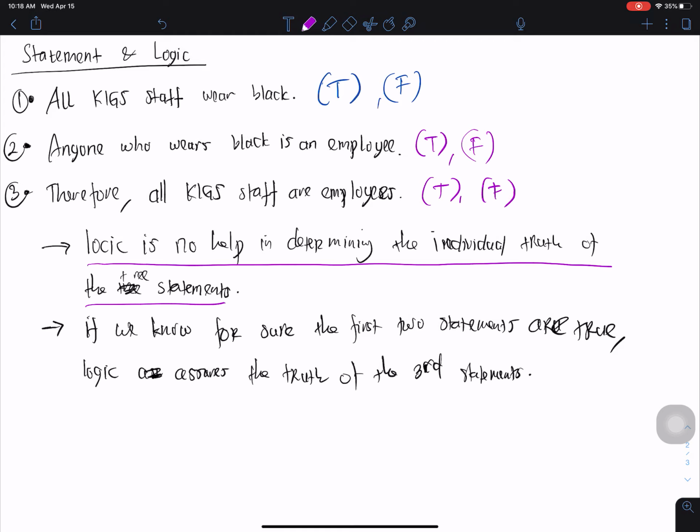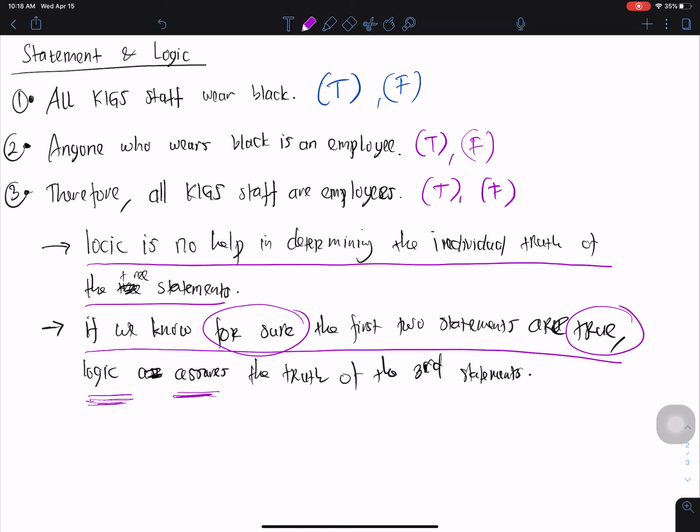If we are looking one by one, we cannot tell. But if we know for sure the first two statements are true, then with logic, it assures us that we can tell the truth of the third statement.